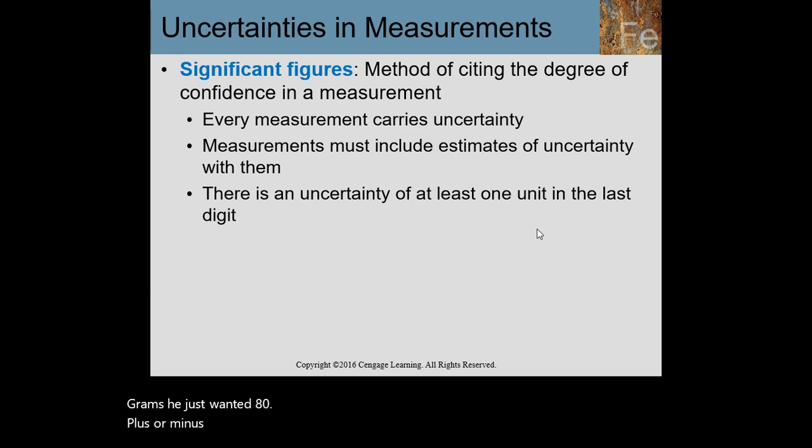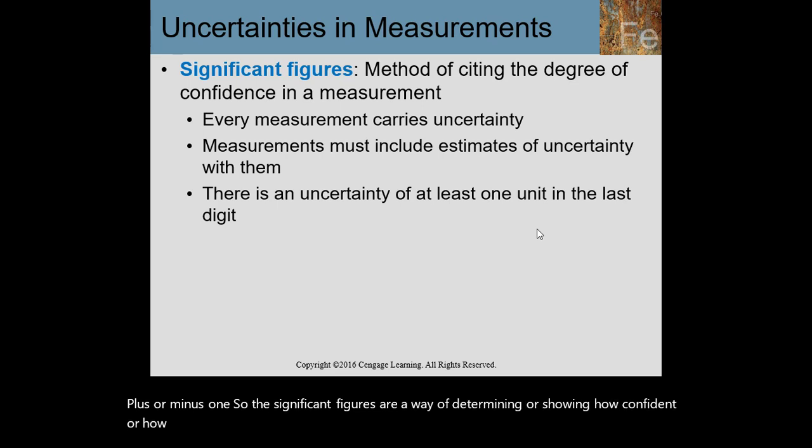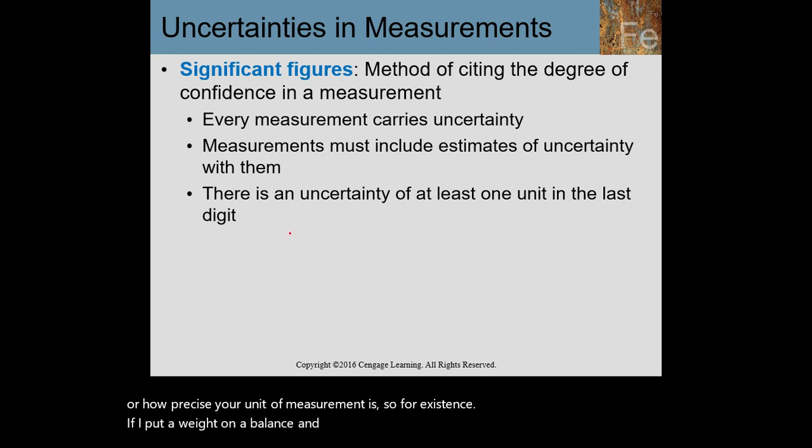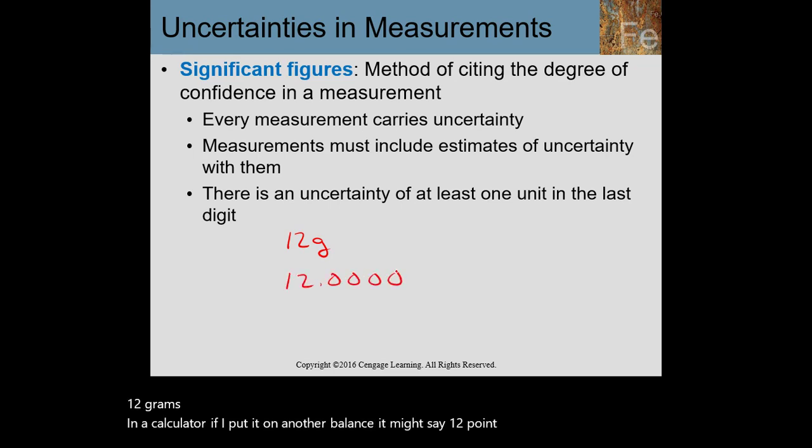So the significant figures are a way of determining or showing how confident or how precise your unit of measurement is. So for instance, if I put a weight on a balance and it were to say 12 grams, if I put it on another balance, it might say 12.0000 grams.